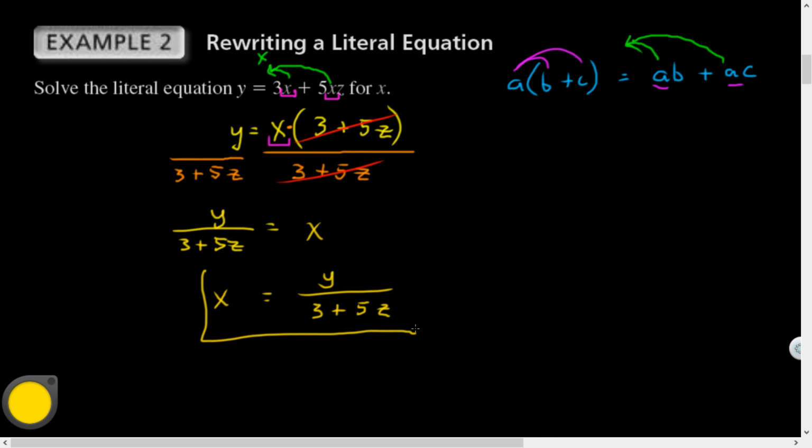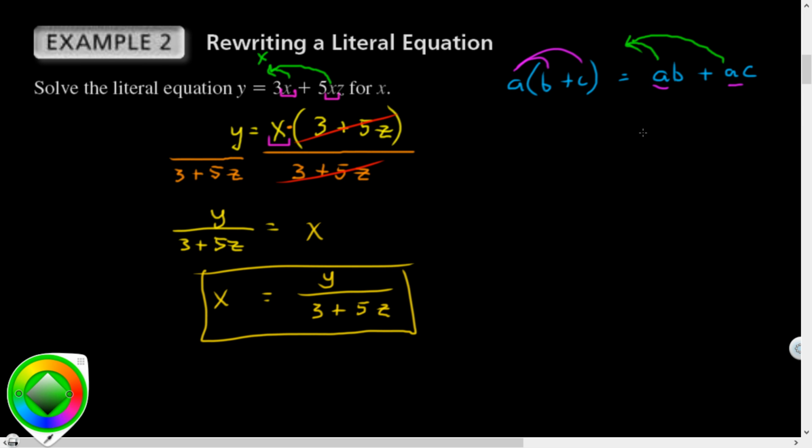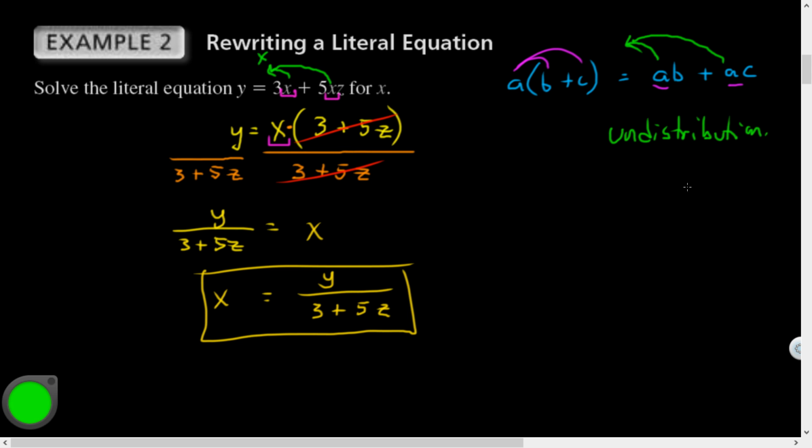That's a crazy problem, I know. Crazy problem. And the way I had to do it was this undistribution. Another word for that, in math language, is factor.